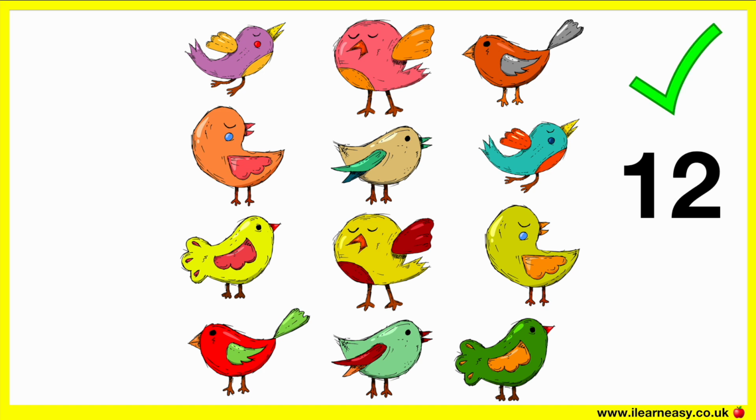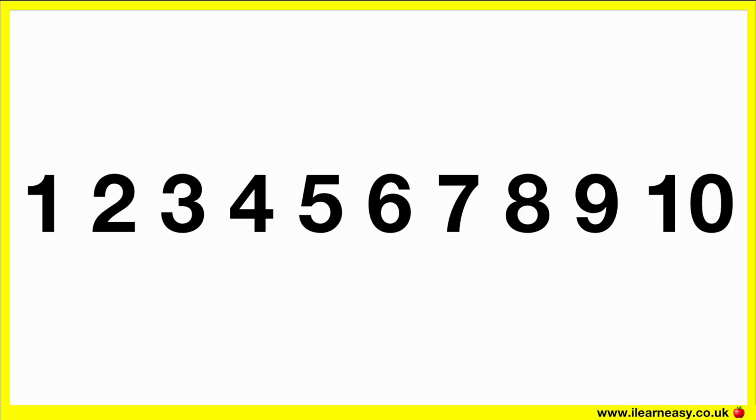The answer is yes. Each bird has a friend. Therefore, the number 12 is an even number. We can easily identify whether a number is even or odd just by looking at the final digit. First, let's see if you can remember which numbers are even and which numbers are odd.